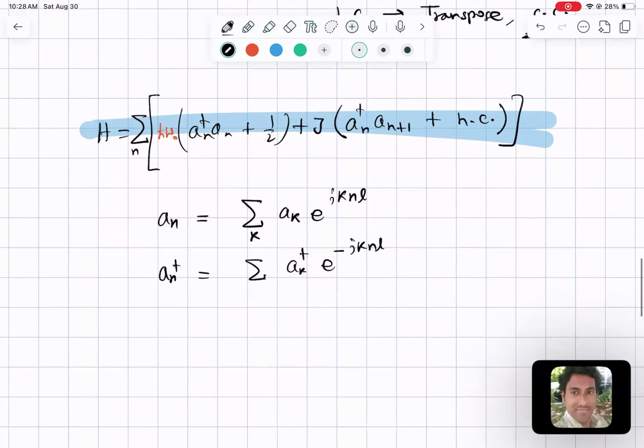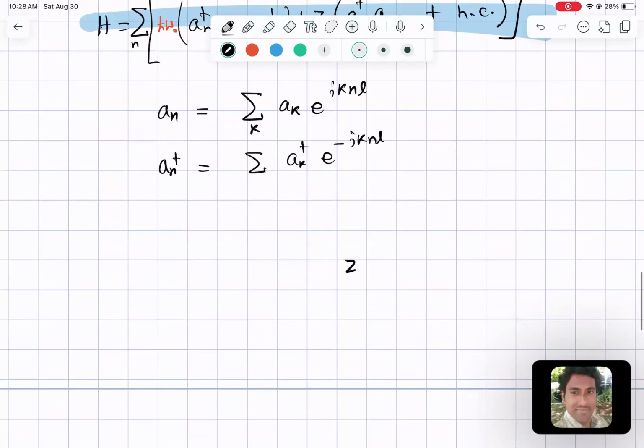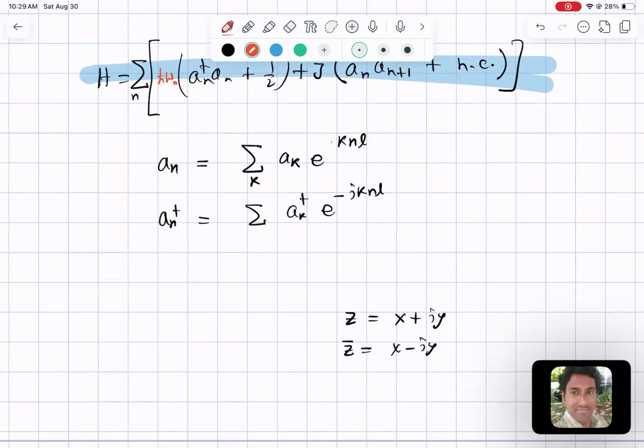So if you have z, a complex number, x plus iy, the complex conjugate of that number would be x minus iy. Simply i becomes minus i, right? Exactly that's what happened here. i goes to minus i. All right, so that's our transformation.